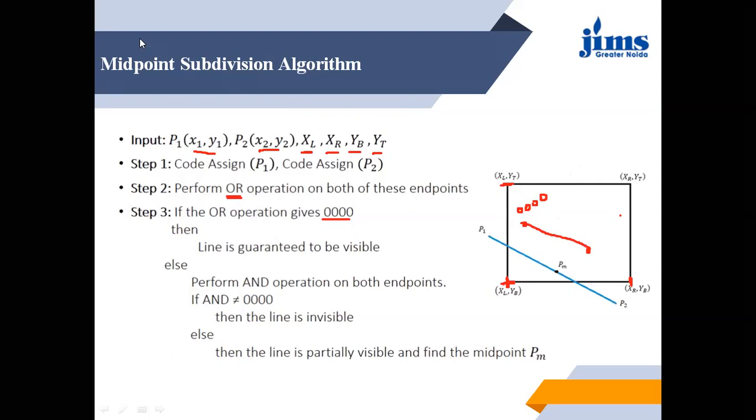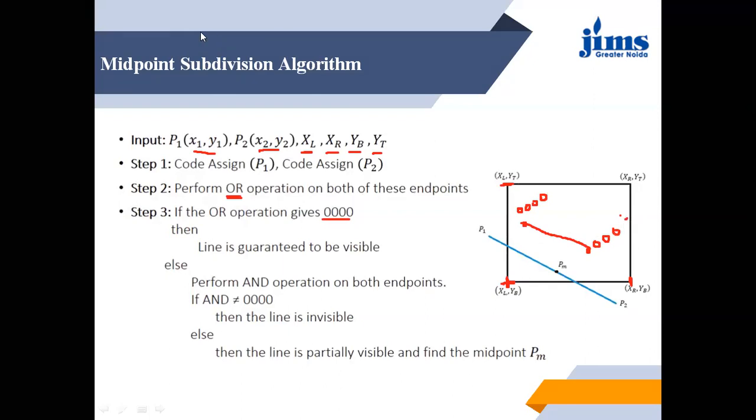From step 2, it is clear that when we perform an OR operation between the same bits of these two endpoints, the result should be 0.